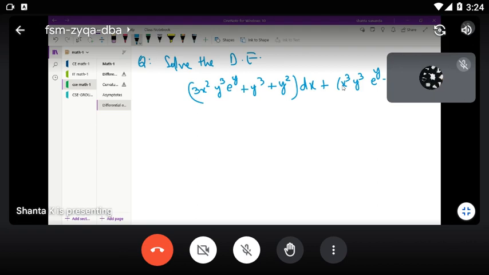So what will be the integrating factor here? So we have m, so this is m. This is n. Okay.